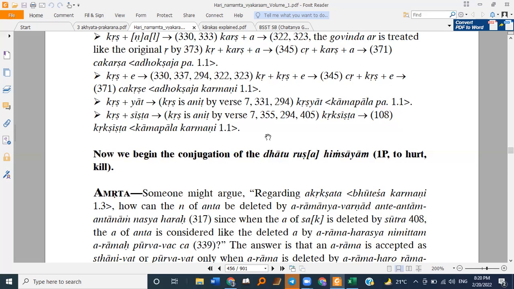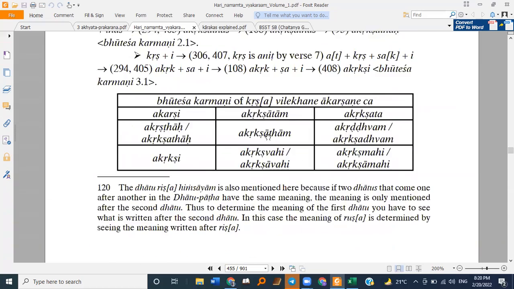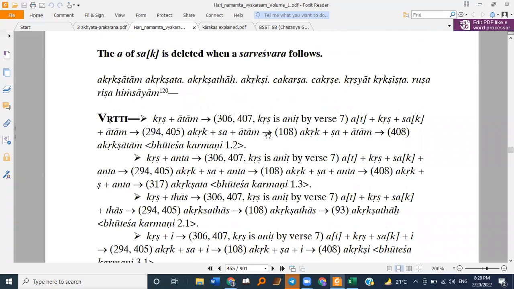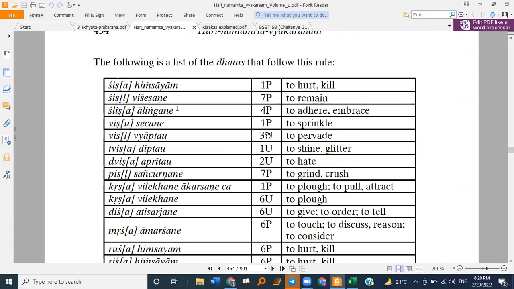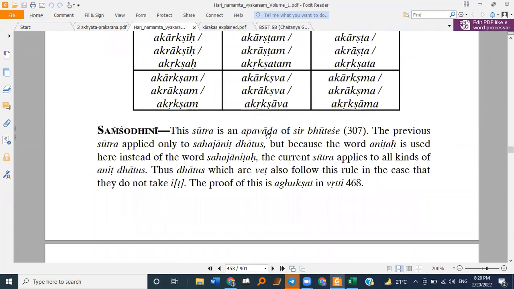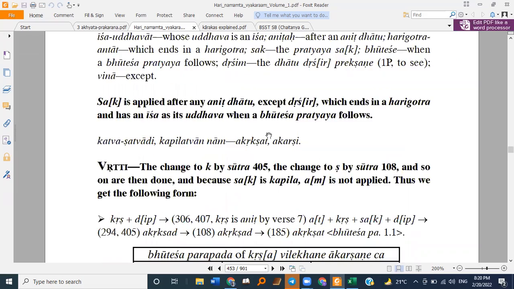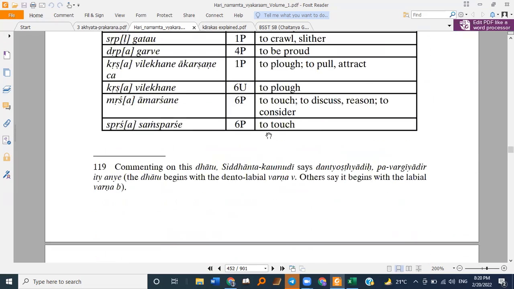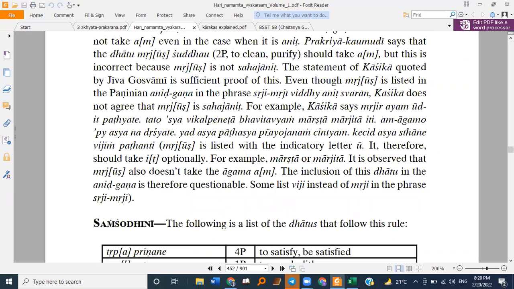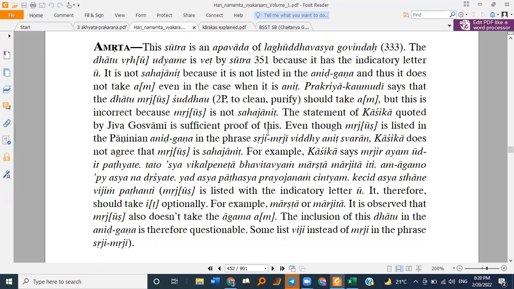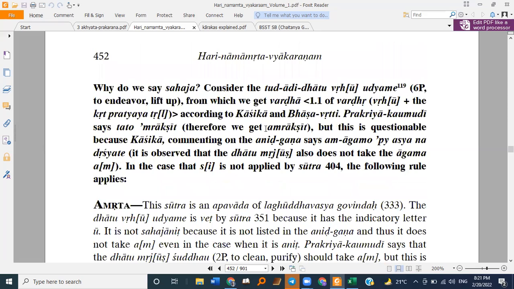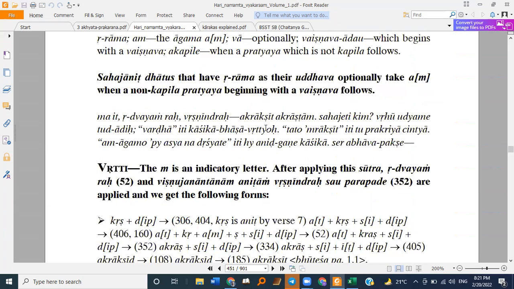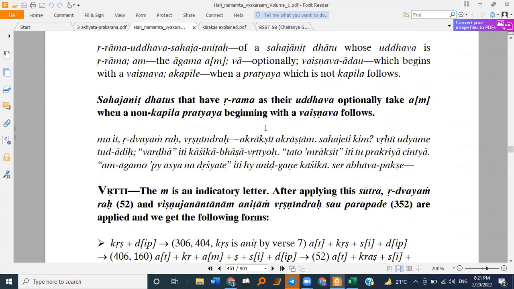Sorry, it was actually back in the vritti of, I think it was 405, or the Sangshodhini. There was something about this Mahahara. Let me go back and see what page it is. It's on page 451.